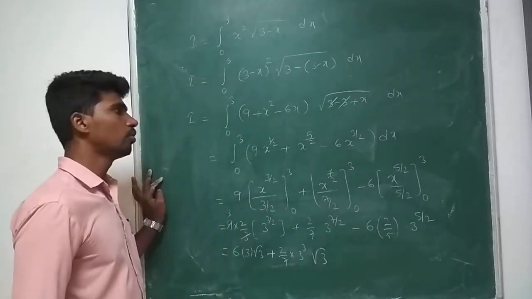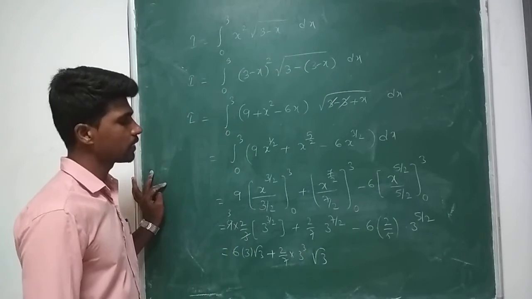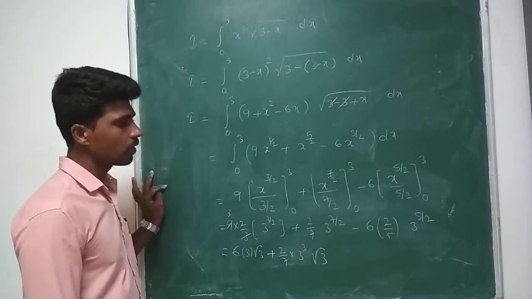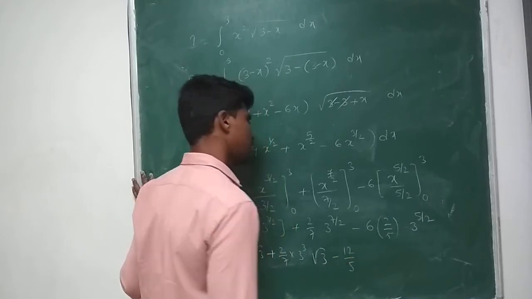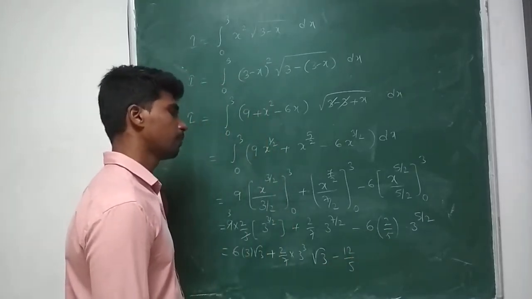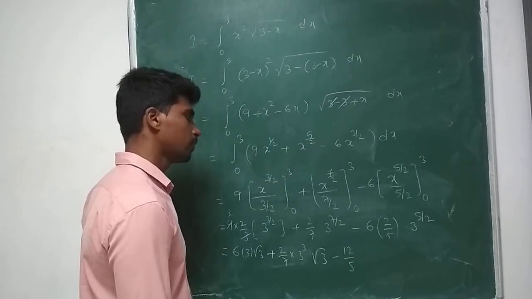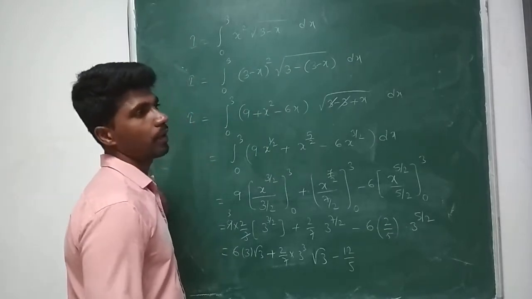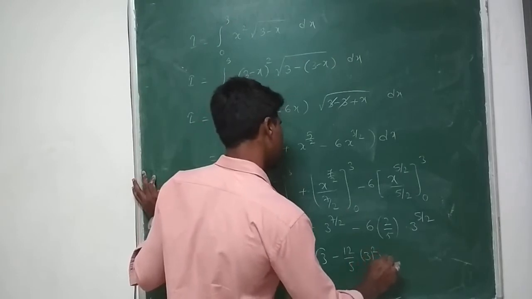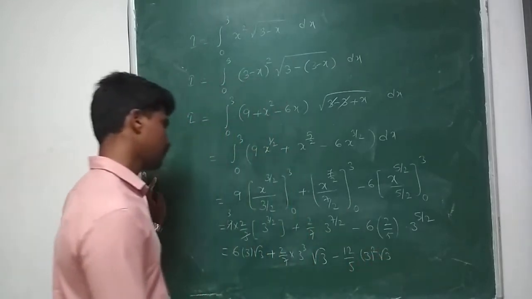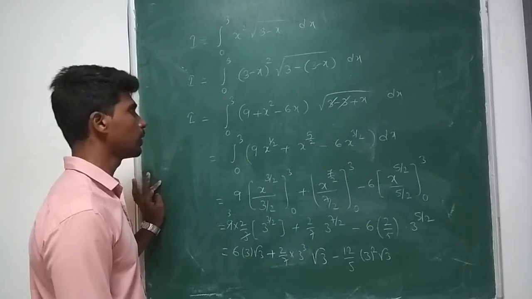Next, 6 into 2 is 12 by 5 into 3 power 5 by 2, 3 power 2 plus 1 by 2, so 3 square into root 3.